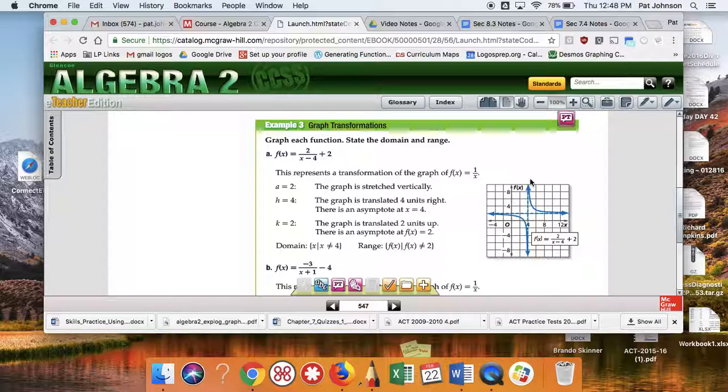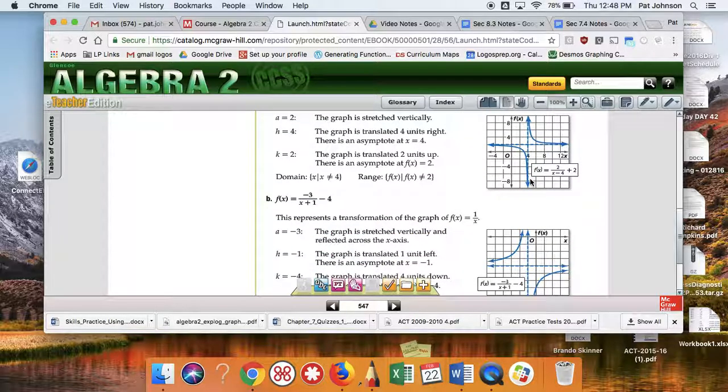So they're going to translate. So h is 4, our vertical asymptote is x equal 4, and we also see it's an asymptote because we set the denominator x minus 4 equal to 0, and it's undefined at 4. Likewise, our horizontal asymptote is y equals 2. All right, so it approaches it but never touches it.